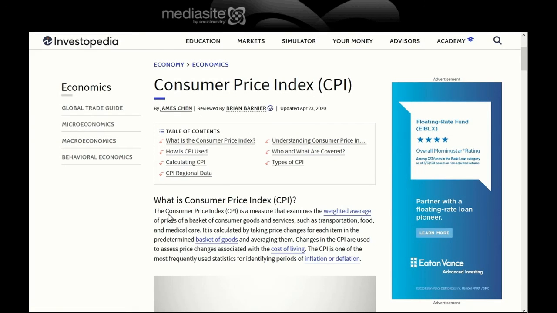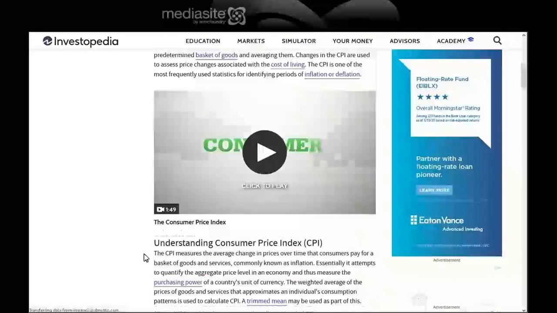It says the CPI is a measure that examines the weighted average of prices of baskets of consumer goods and services such as transportation, food, and medical care. It is calculated by taking price changes for each item in a predetermined basket of goods and averaging them. Changes in CPI are used to assess price changes associated with cost of living. CPI is one of the most frequently used statistics for identifying periods of inflation and deflation.